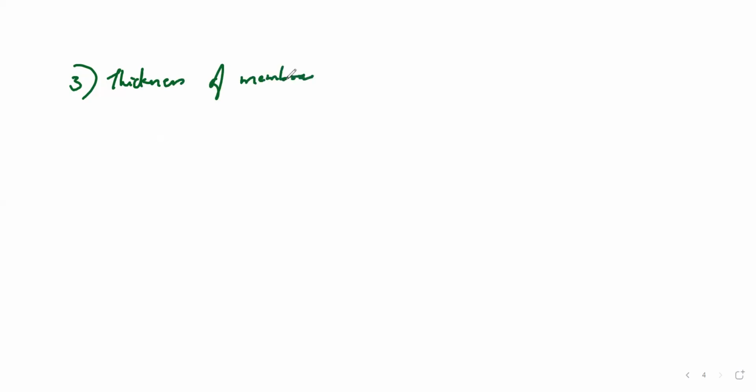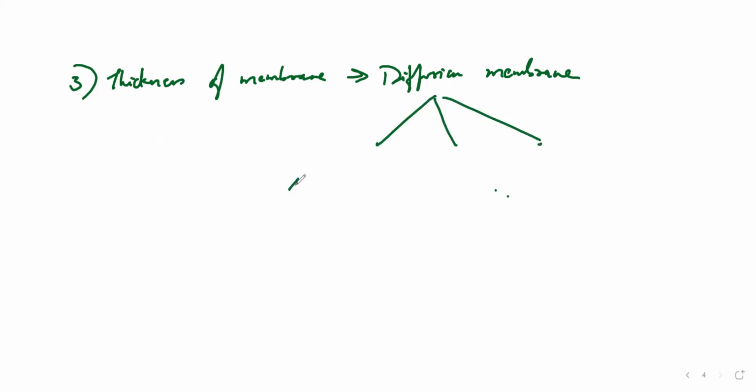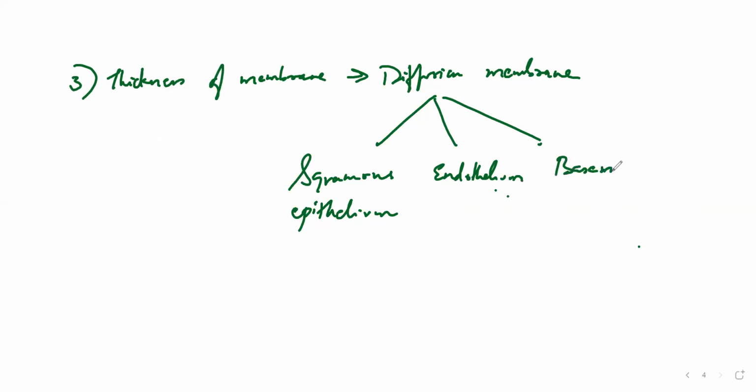Now usually whatever diffusion membranes are there, they are made up of three layers. So the first layer is of the squamous epithelium. Second is the endothelium. And third is the basement substance.